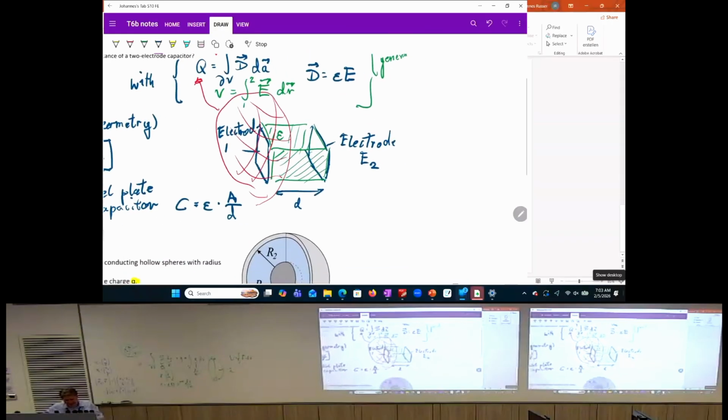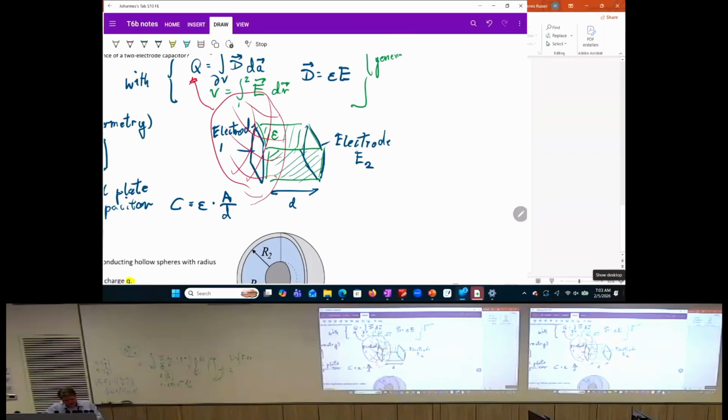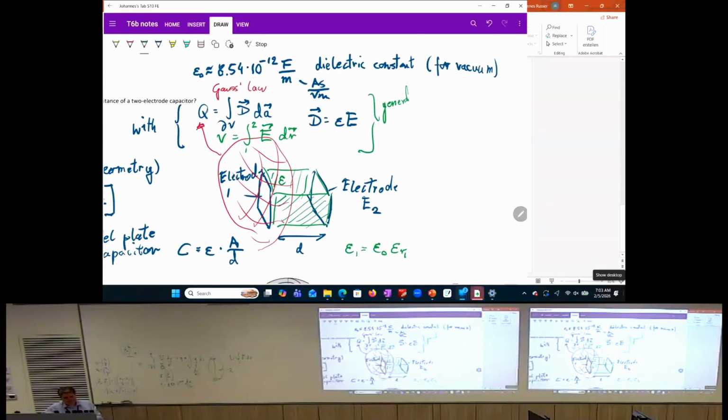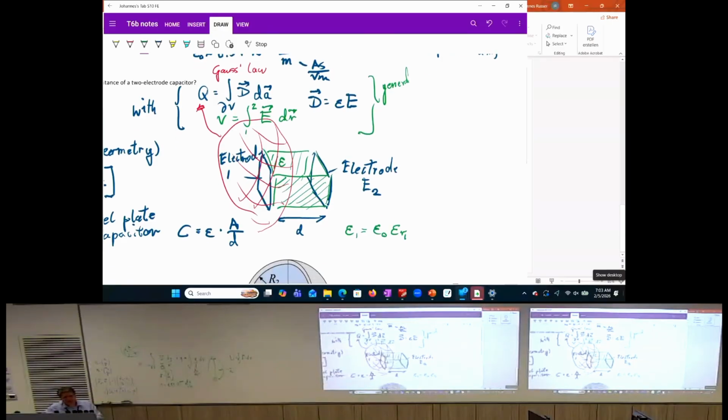When we have any arbitrary material, then we usually say that our material epsilon is given as a product of this epsilon naught and a relative permittivity of that particular medium. While epsilon naught is this 8.54 times 10 to the minus 12, the relative one will be a bit more than 1, or it could be 3, 4, factor 5, something like that.